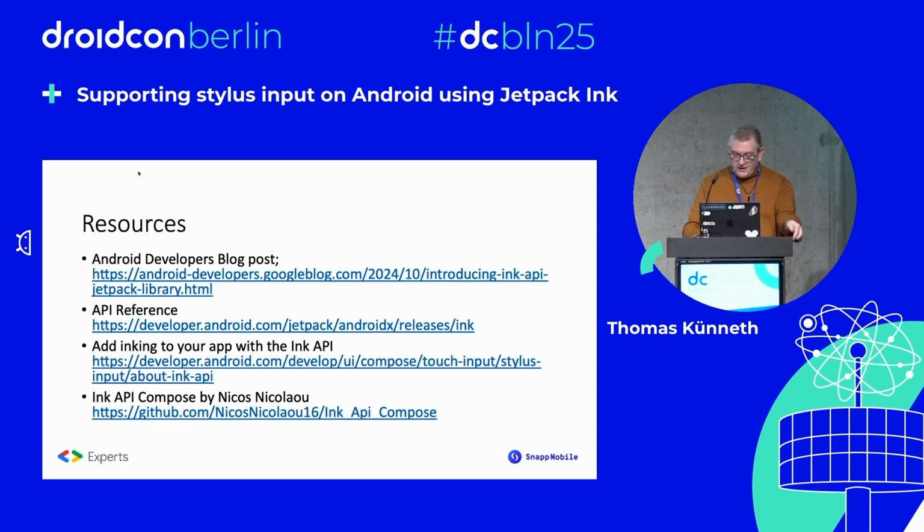Finally, fellow developer Nicolau has done a nice GitHub repository. It's worth taking a look because Nico does long-term persistence using Room, so make sure to check out his repository.